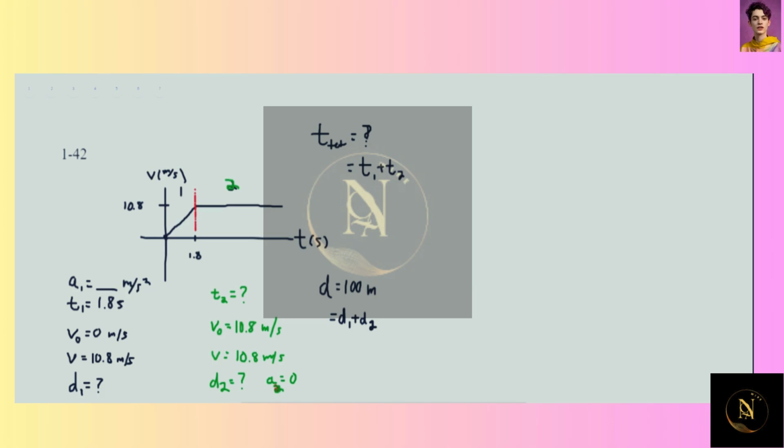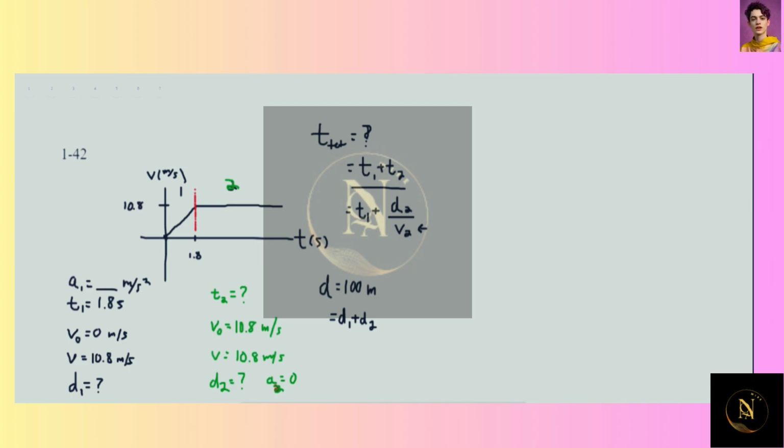Again, starting from this point, T1 is given to us, T2 we don't know. But we can represent T2 in terms of distance over velocity, D2 over V2. Distance 2 we don't know, but velocity 2 is just the velocity traveled in that segment, which we do know.